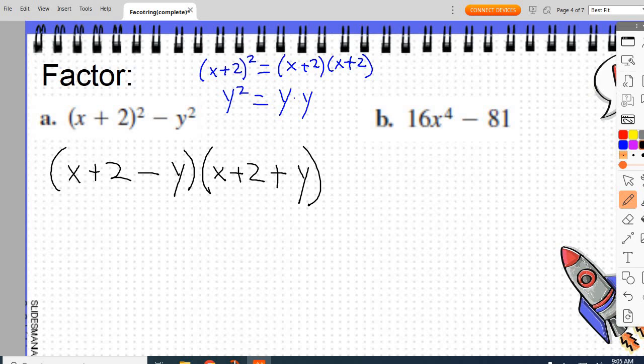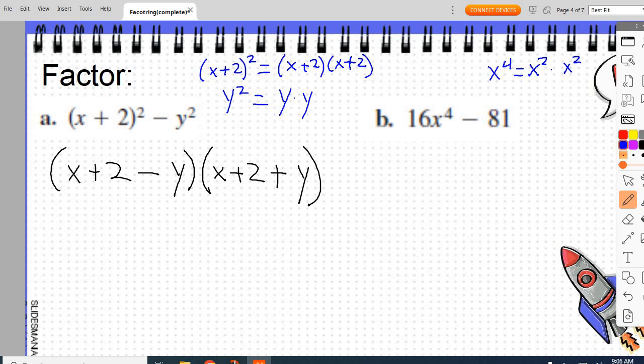So in this case, x to the 4th would be what times what? How would I get a 4 there? x squared times x squared. Are we all good with that? So even though I don't have a square this time, it's kind of like a hidden square with that 4 there.